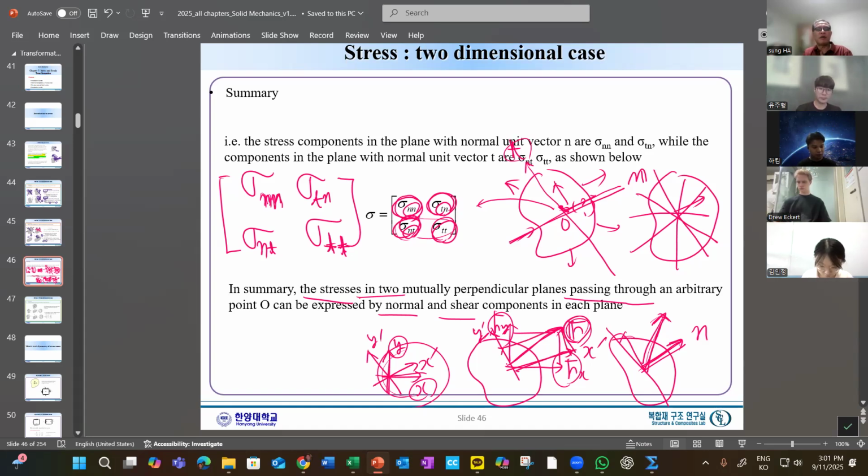This one and that one. So this one we call fx prime, and this we call fy prime. So the same F can be represented by fx and fy, which is the same as fx prime and fy prime.